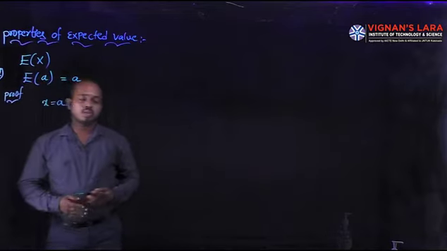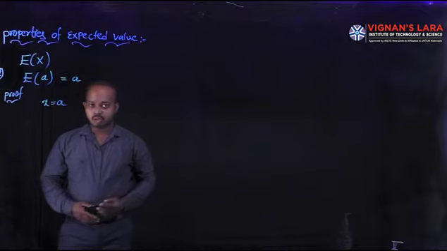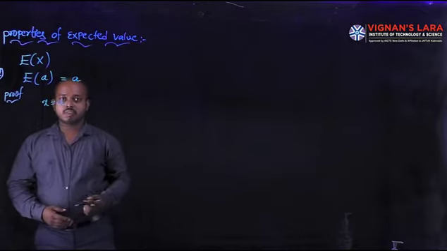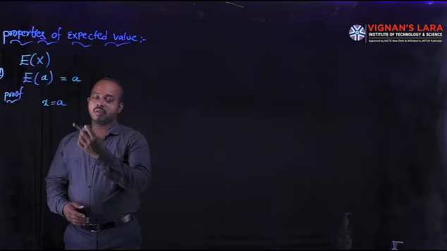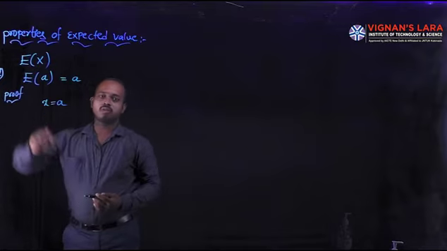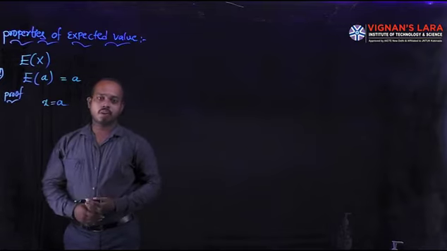But here we are not given any nature of the value, because we are just given the constant A. But how do we define that?